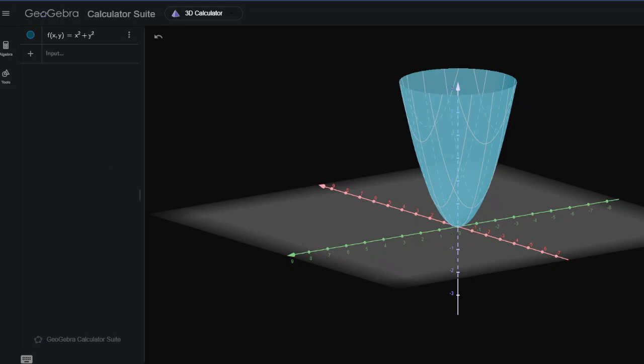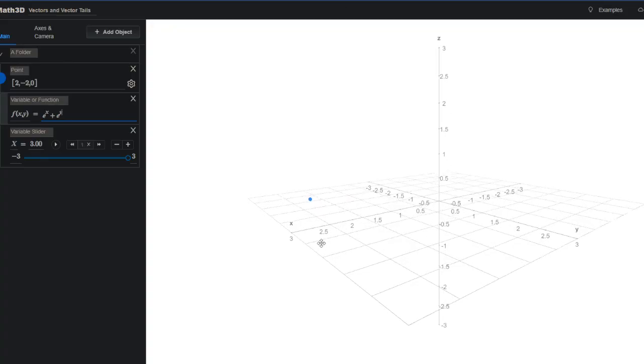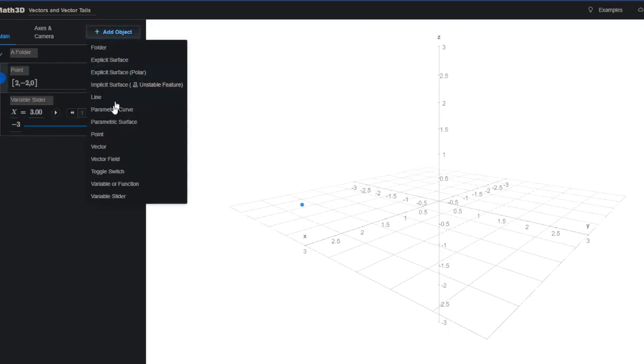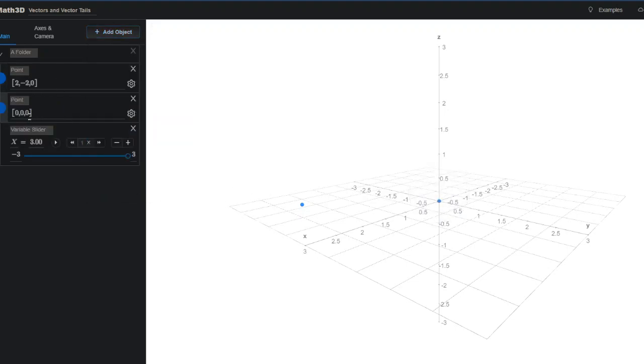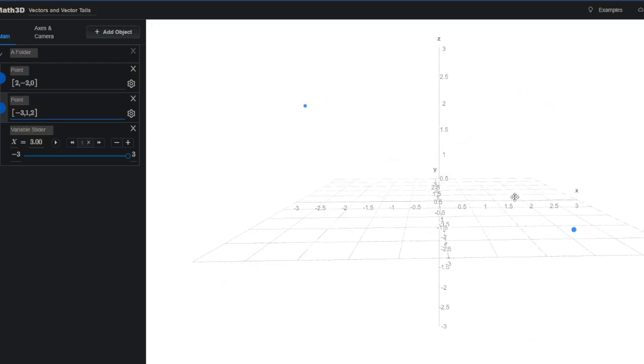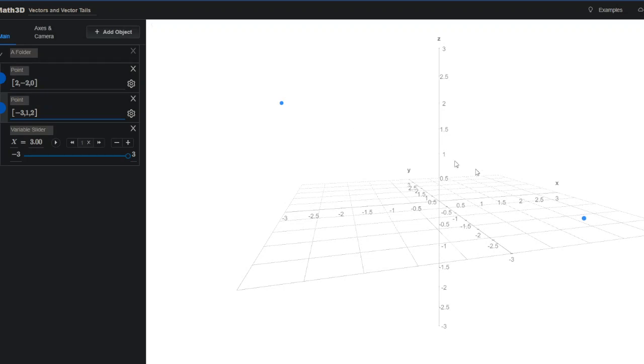All right, so going back onto this one here. If we add another point here, so this one's at -2, 2, 0. If we add one at, say, -3, 1, 2, something like that, then we can see where these points are oriented with each other.